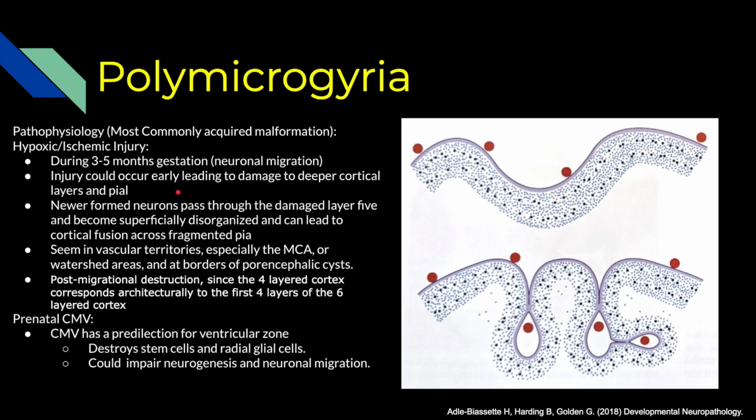What may happen is that the newly formed neurons will pass through these damaged layers, the deeper layers, and become superficially disorganized, and if there are breaches in the pia, they can connect to nearby gyri, forming these fusions between gyri, and you can see here how these miniaturized fused gyral patterns form.